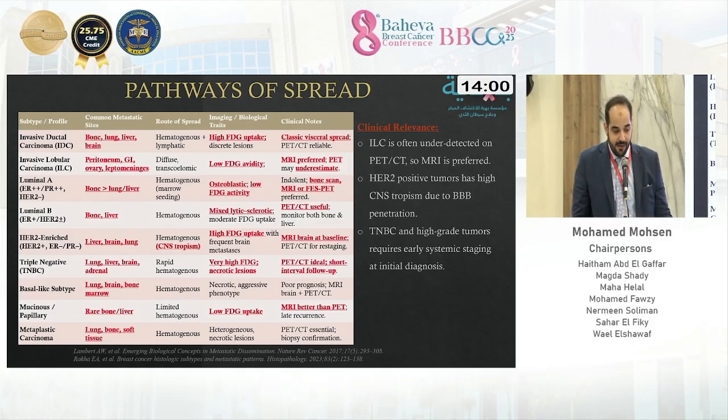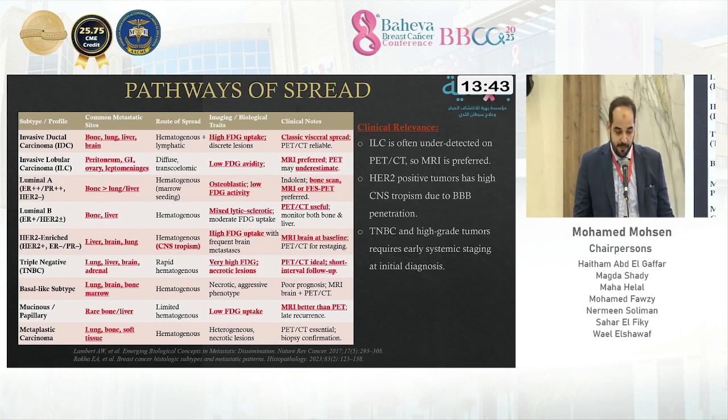Whereas the luminal A has a propensity for bone more than visceral metastases, with characteristic osteoblastic metastases and low FDG avidity. It has an indolent course, so bone scan, MRI, or fluoroestradiol PET is preferred.